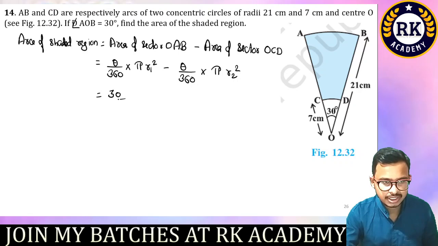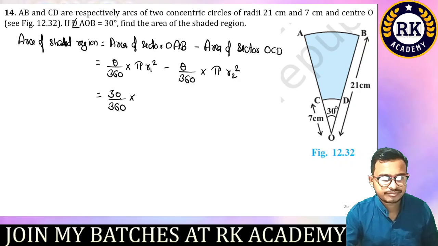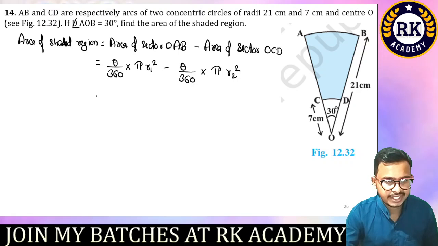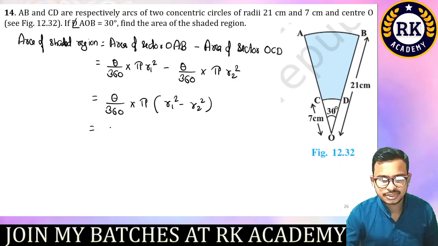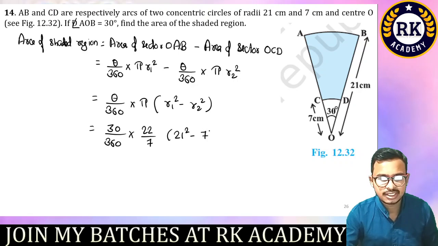So 30 upon 360 into, let us take, so इस फिगर में सबसे पहली चीज करो, take things as common. So you can take theta upon 360 as common. Also you can take the pi common, and then you can write r1 square minus r2 square. So now let's substitute theta upon 360 into, what is the pi value, you can take 22 upon 7, and what will be my r1 square, that will be 21 square minus 7 square.